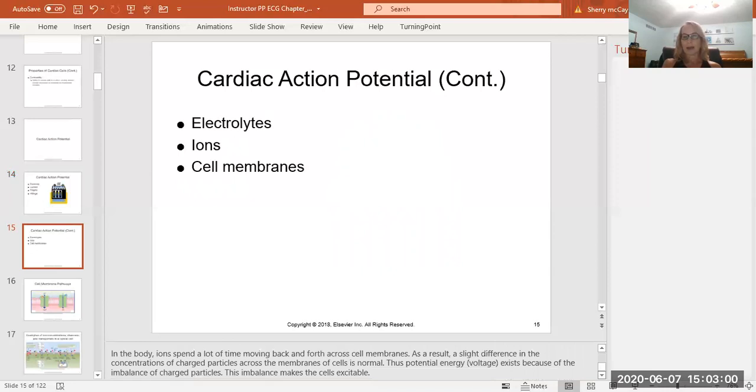In the body, ions spend a lot of time moving back and forth across cell membranes. As a result, a slight difference in the concentrations of charged particles across the membranes of cells is normal. The potential energy, or the voltage, exists because of the imbalance of charged particles. This imbalance makes cells excitable.